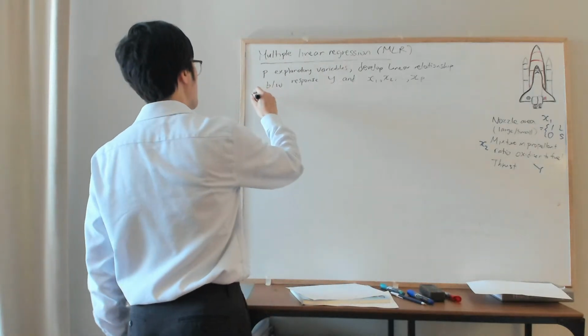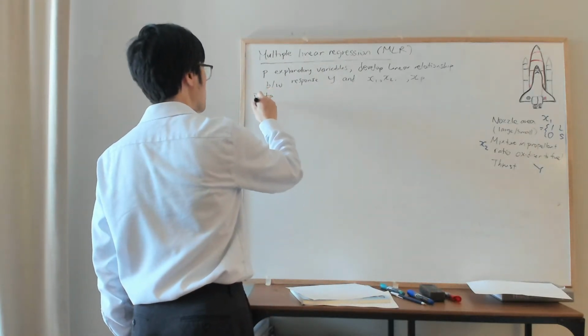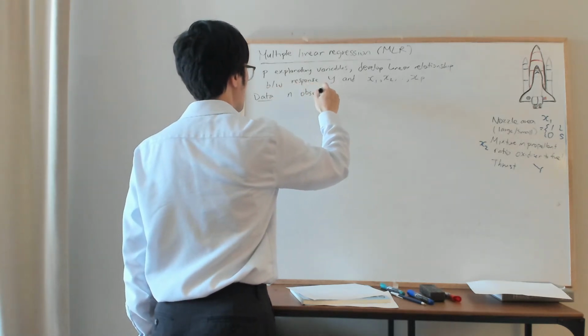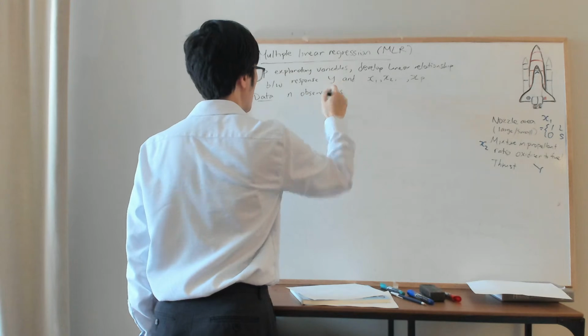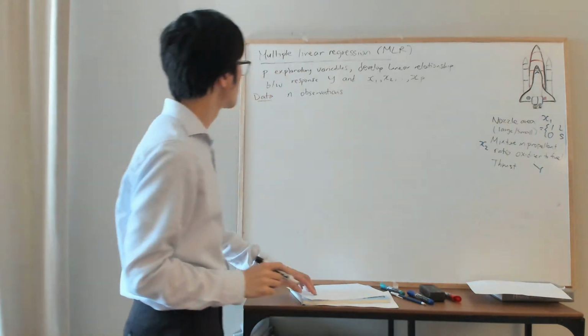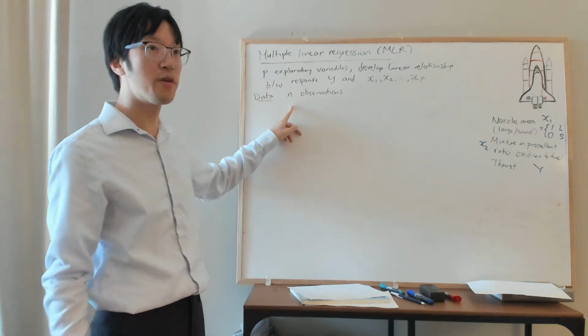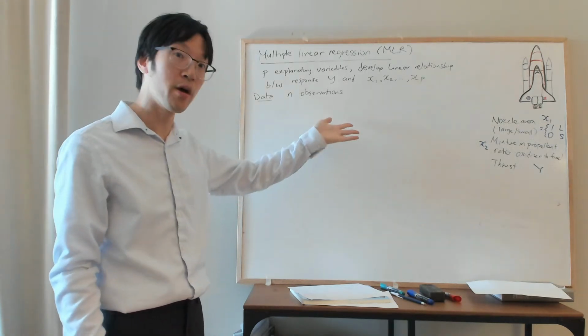Our data consists of, we'll follow the same framework, n observations. In the simple linear regression case, each observation was a pair, xi, yi.